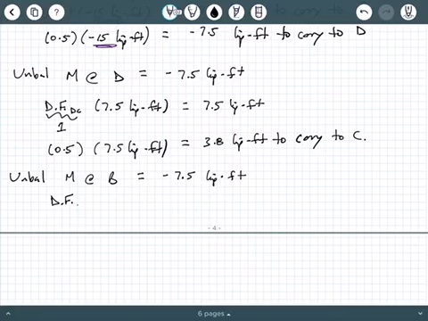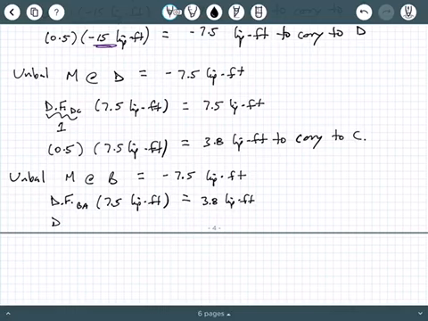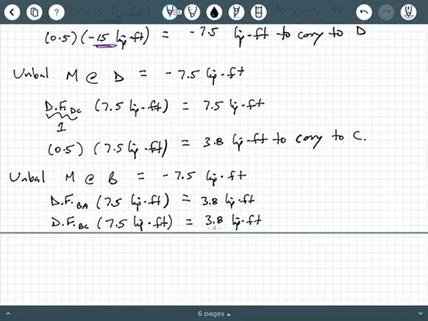So I'm going to say distribution factor BA times positive 7.5 kip feet, which would give me a positive 3.8 kip feet. Distribution factor of BC times 7.5 kip feet, again, gives me 3.8 kip feet.